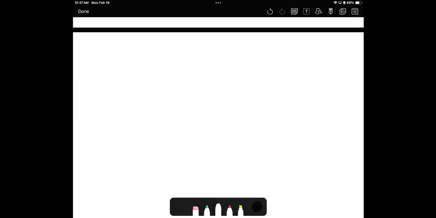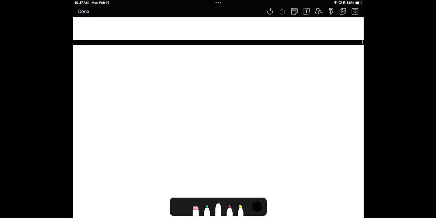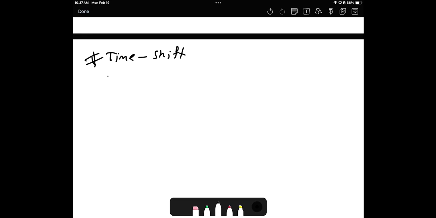Let's go to the notes. Let's discuss the time shift property. Here, basically, if the system is causal, if x of t is causal, and most real-life systems are causal, which is x of t equals x of t, u of t.